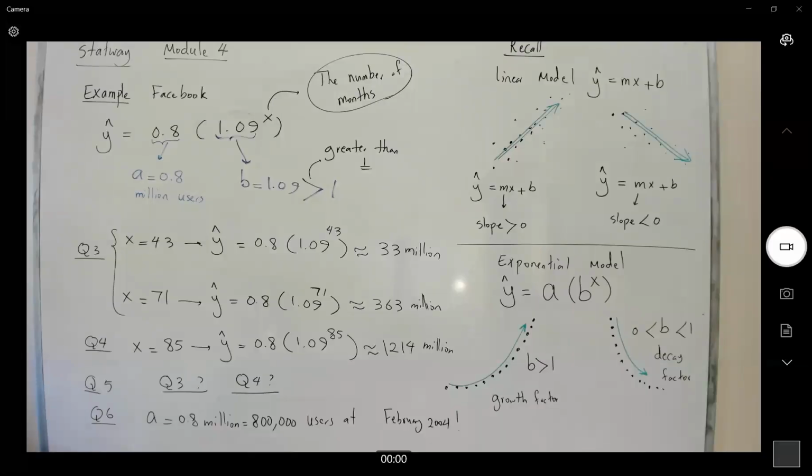So to answer question 5, you can say that prediction in question 4 is not very reliable. What's the reason? Very good. Thank you, Helen.